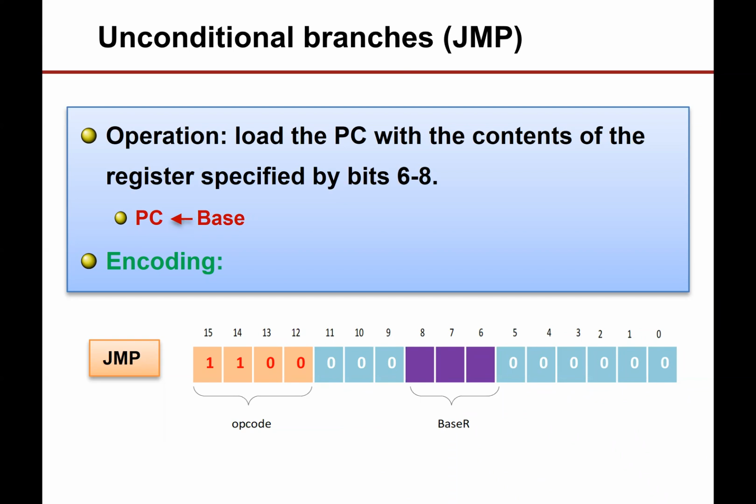So another type of branch instruction is called unconditional branch, jump. The jump loads the PC with the contents of the register specified. What does this mean? Let's see its format. The opcode is 1100, right?